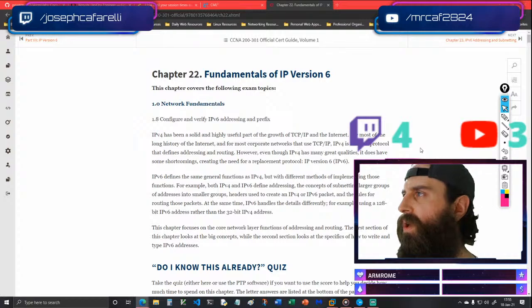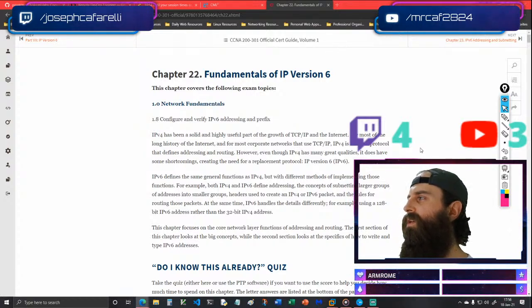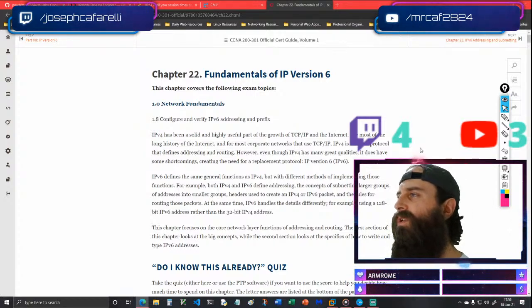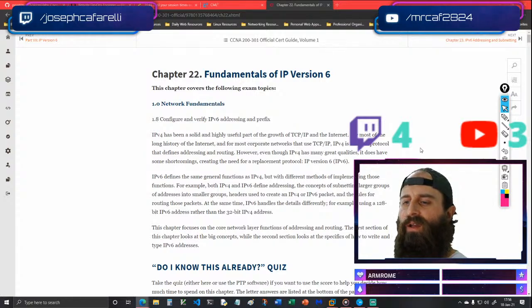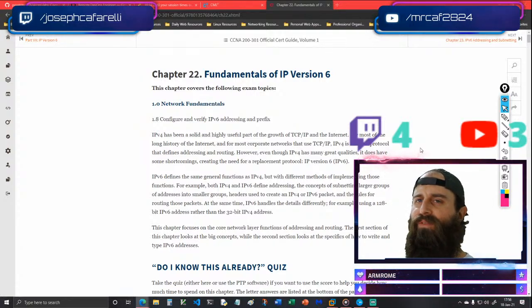For most of the long history of the internet, and for most corporate networks that use TCP/IP, IPv4 is the core protocol that defines addressing and routing. However, even though IPv4 has many great qualities, it does have some shortcomings, creating the need for the replacement protocol, IPv6.